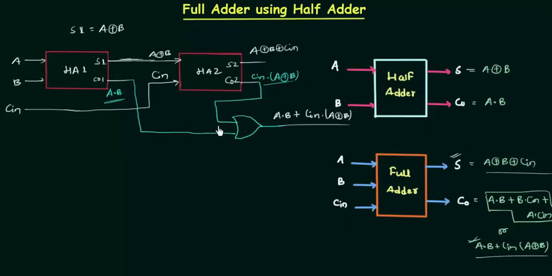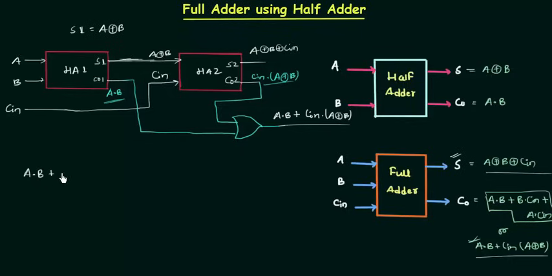So in this way you can obtain the full adder by using 2 half adders, and we can also prove that it is nothing but A and B, or B and Cin, or A and Cin. So let's prove it.